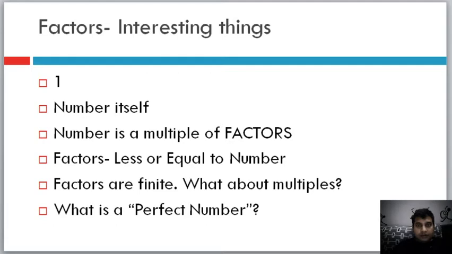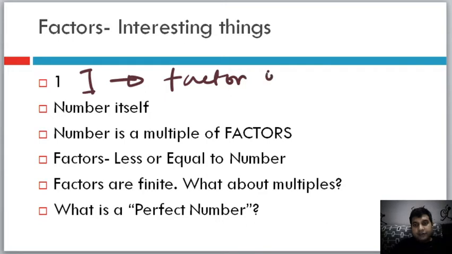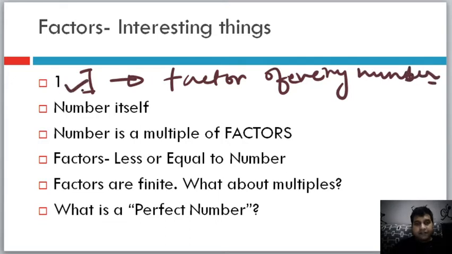Now whatever we understood of factors, we will see 1. It is quite interesting to see 1. 1 is a number which is a factor of every number. So any number you see, because 1 will divide it completely, 1 is going to be a factor, which is why I have mentioned it.